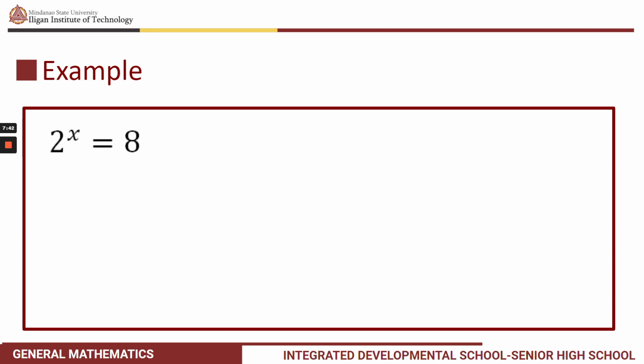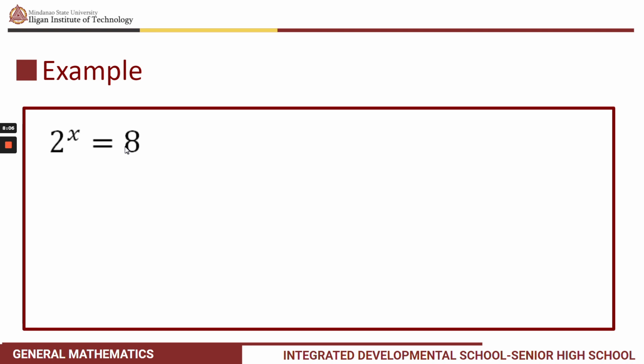So, let's have 2 raised to x equal to 8. Okay, let's start with a simple example lang. So, kung mapapansin nyo, we have an exponential expression here. So, this is obviously an exponential equation. So, gagawin lang natin, ang goal, ano nga yung goal?